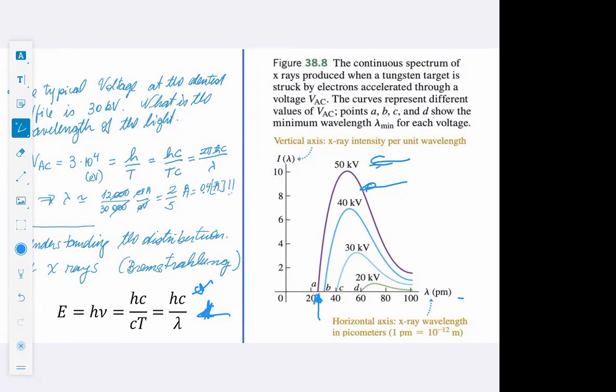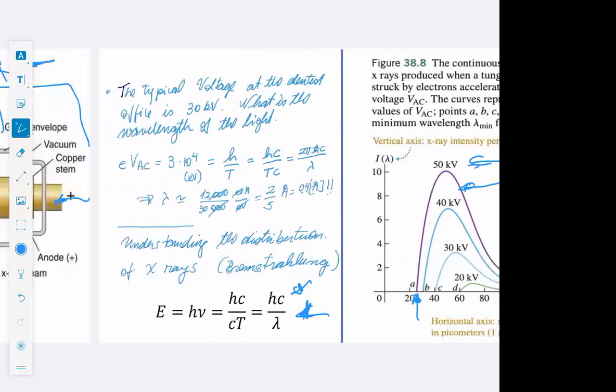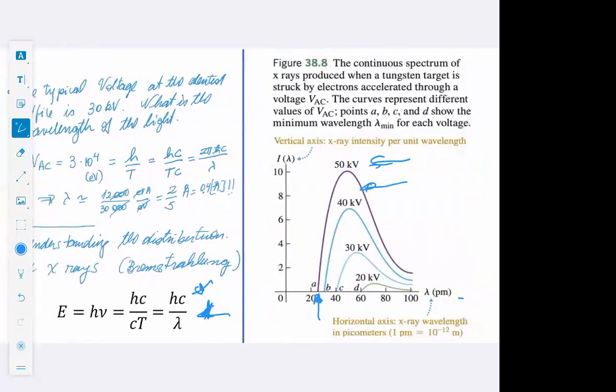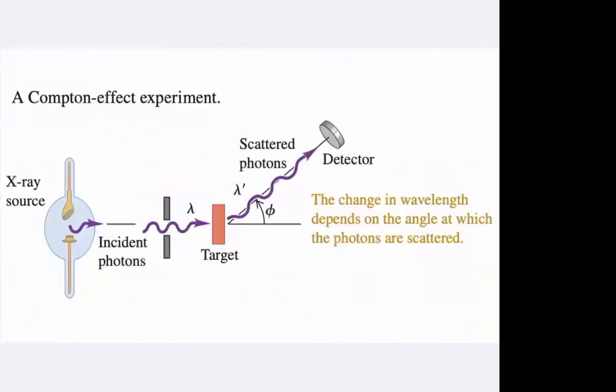And what is the highest energy that I can give to a photon? The highest energy that I can give is the highest energy that I have available. And what is the highest energy that I have available? It is essentially the voltage that I'm putting in.